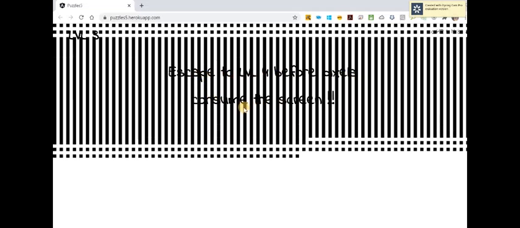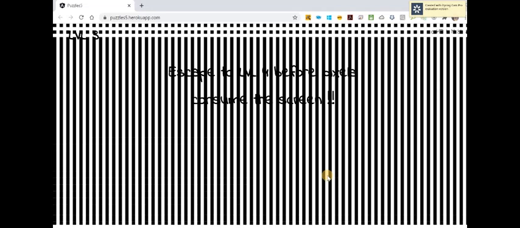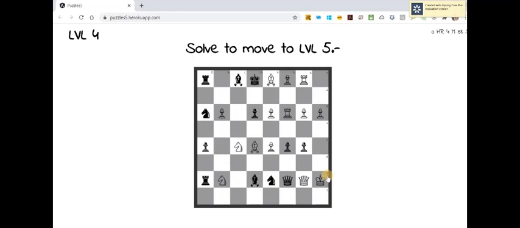In level 3, the hint is escape to level 4 before the pixels consume the screen. Most of my friends pressed escape and hooray, they moved on, because the pixels were consuming the screen, and we directly tend to think that something is not right.